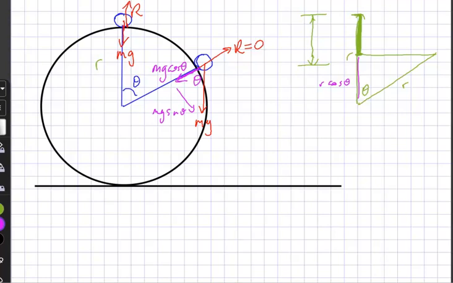This total distance is r from top to bottom. So the change in height, delta h, is going to be r minus r cos theta, from the top point to the point where it leaves the surface. We're going to use that idea in the next question we're going to work through.